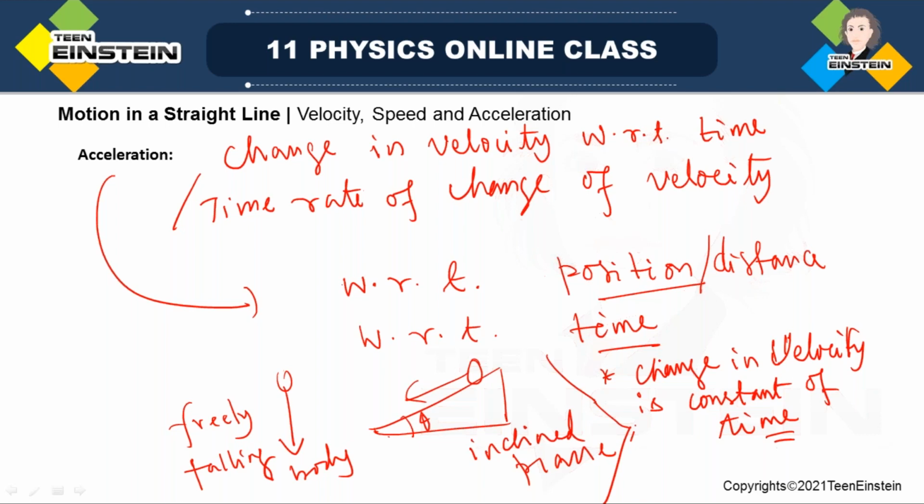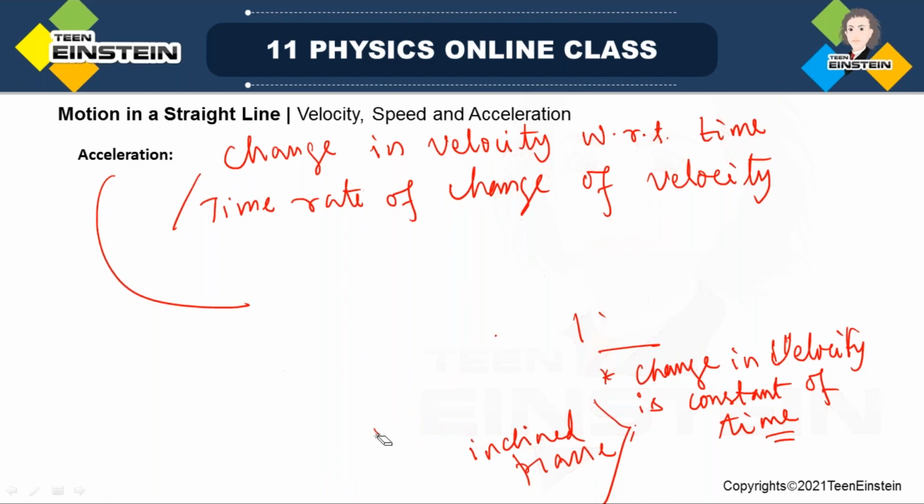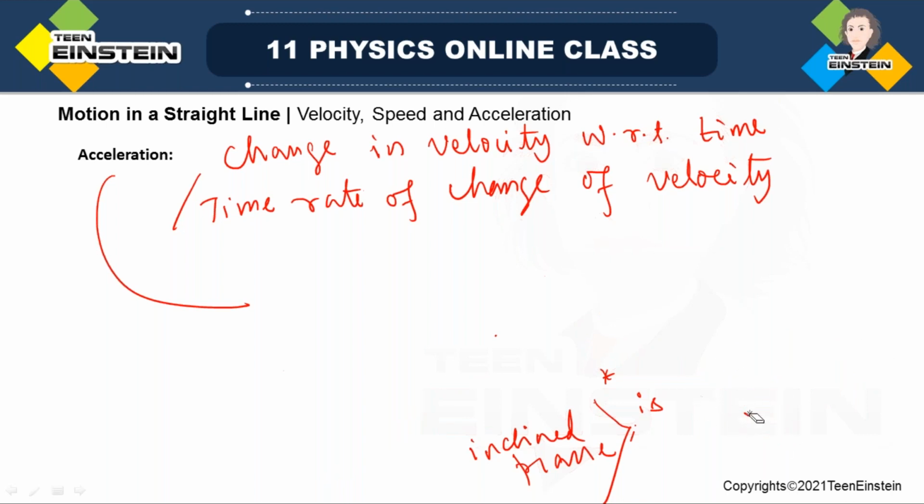So Galileo concluded that the time rate of change of velocity is acceleration. In the previous two classes we have learned there are different velocities, like average velocity and instantaneous velocity.